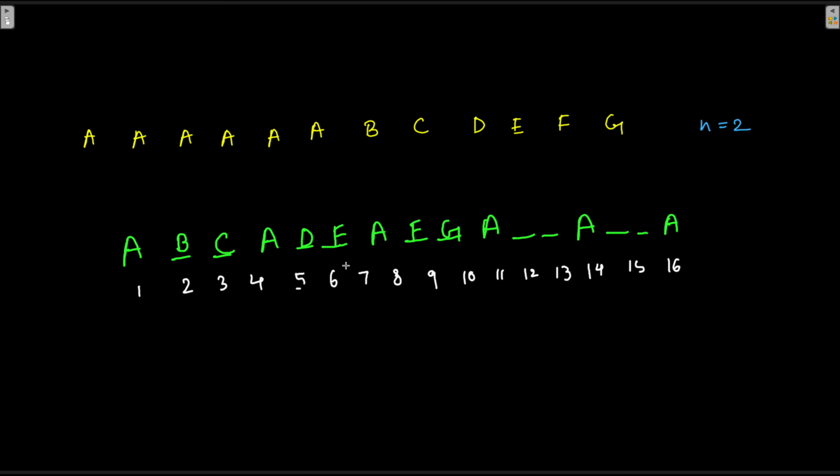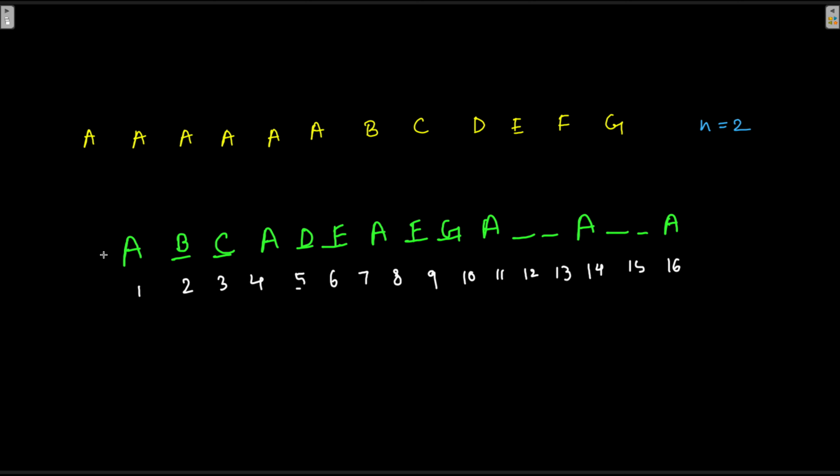Let's take another example. In this case, this is the given array and the value of n is given as 2, which means between two tasks of the same type, there have to be at least 2 CPU cycles.